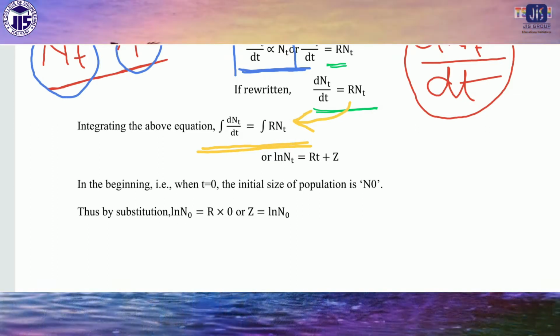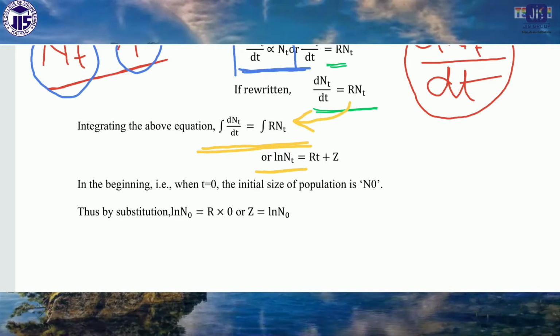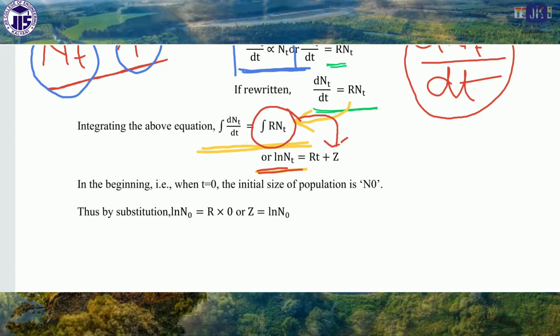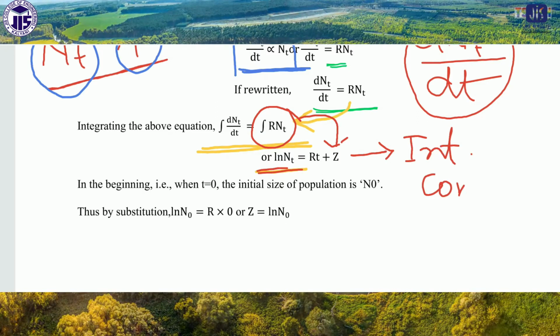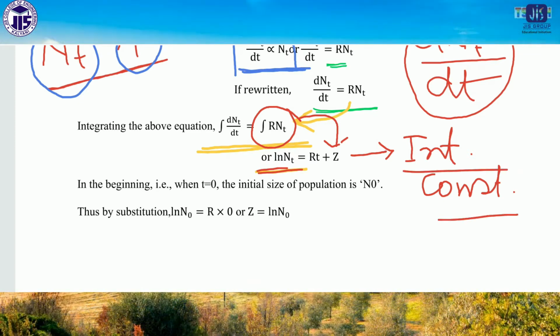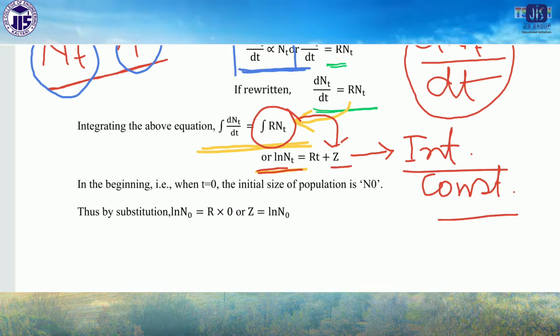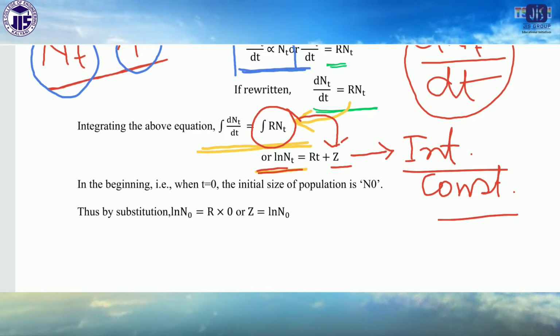You know very well that the integration of dN(t)/dt produces ln N(t), and ln N(t) equals the integration of the other part, which produces rt plus z. Here z, or c, whatever, is called the integration constant. We have to find out the value of z.